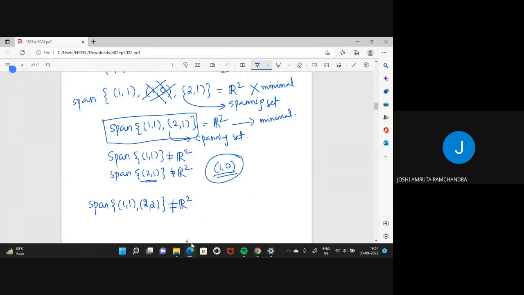Ma'am, earlier when we were talking about dependent and independent, we were taking linear combinations and equating them with 0. But now we are not doing that, right?